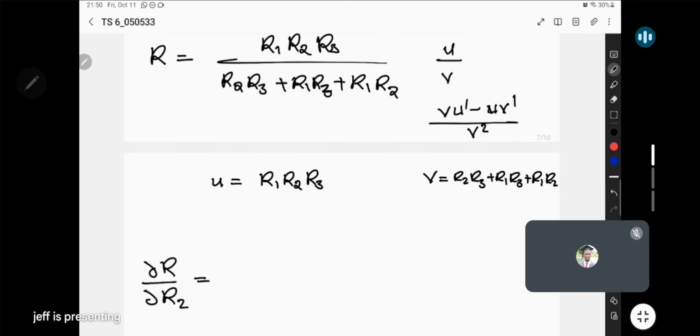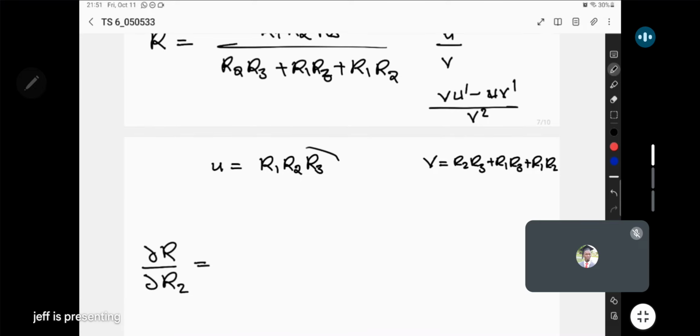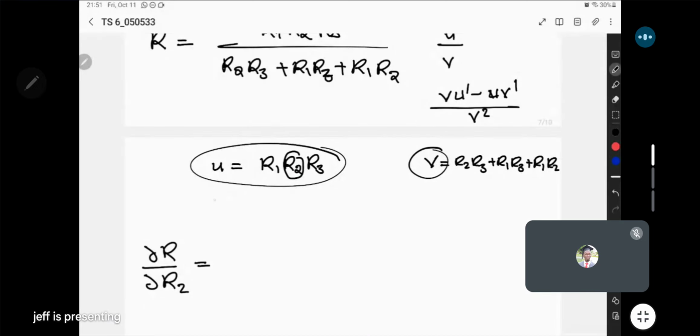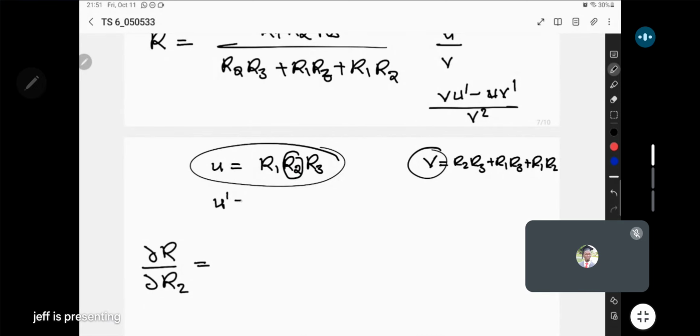But because we're doing this with respect to R2, even when differentiating u and v, it will be with respect to R2. So R2 is the variable. R1 and R3 are constants. So the derivative of u with respect to R2 has power 1, so it reduces to just 1 altogether. So this will remain R1 and R3.